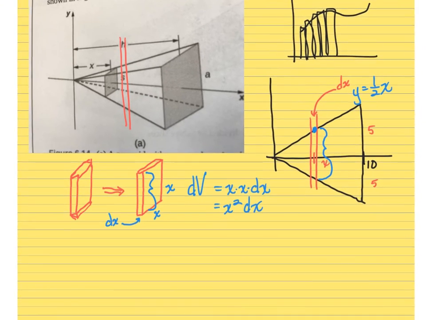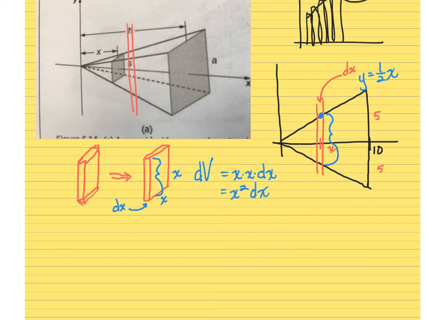Now here is the beauty and the power of integration. If I integrate all of those little slices, in other words, if I add up all of the volumes of those little slices using integration, I get the volume of the whole thing. That's a powerful result. So now, the other thing we need to add is some limits of integration. I start making my slices here, and I stop making my slices here.